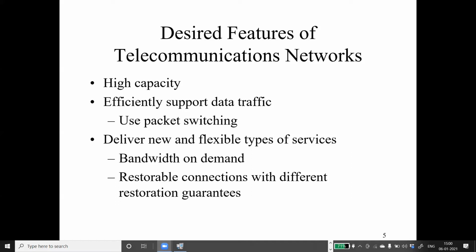Also, a very important thing from a network is that it should be flexible to new demands. Suppose I am right now supporting a system which can handle only 10 users. Tomorrow my users increase to 100.